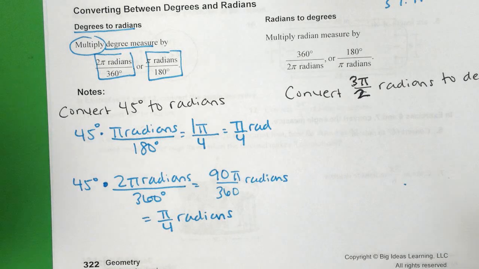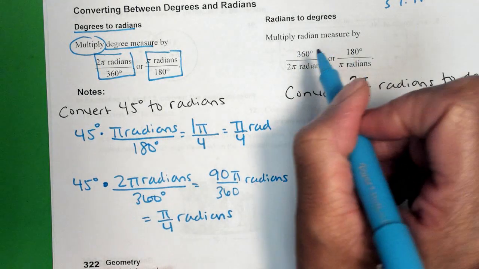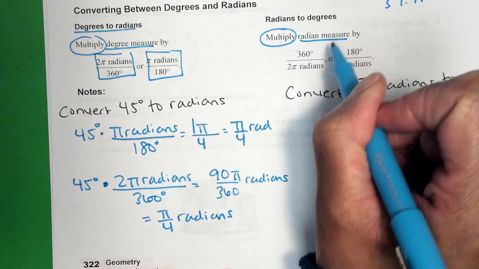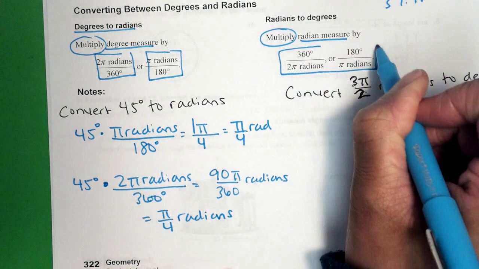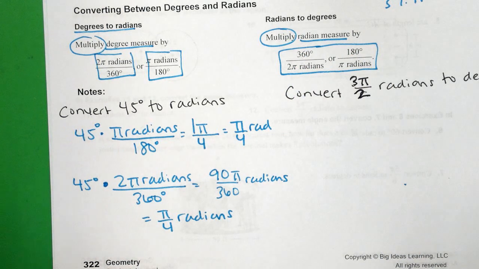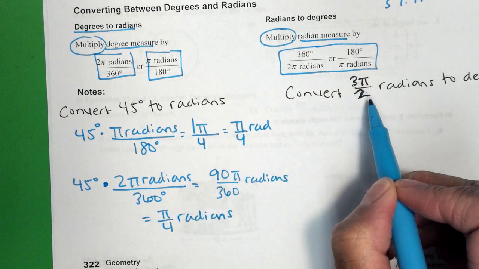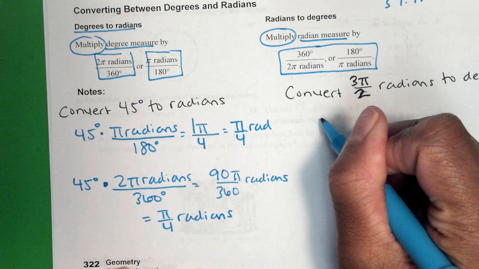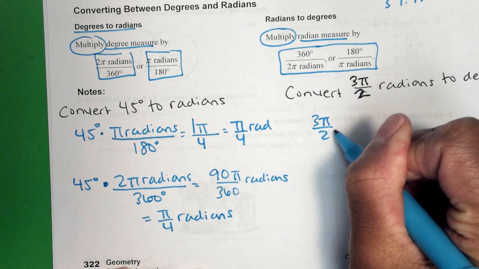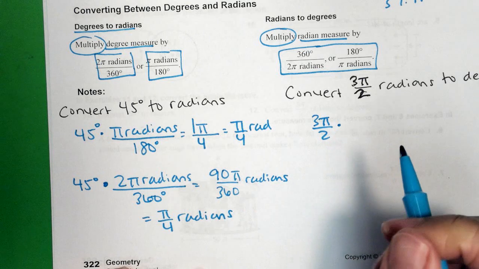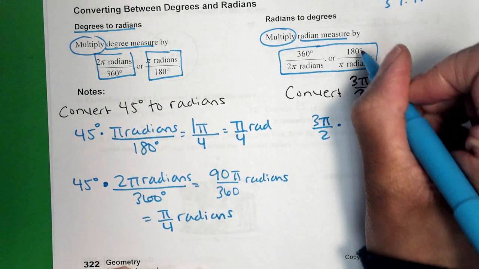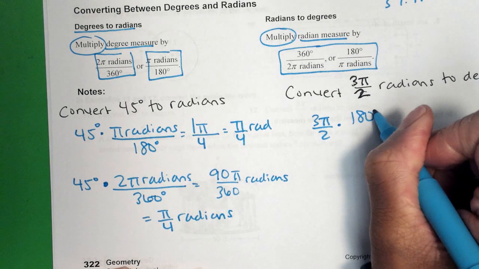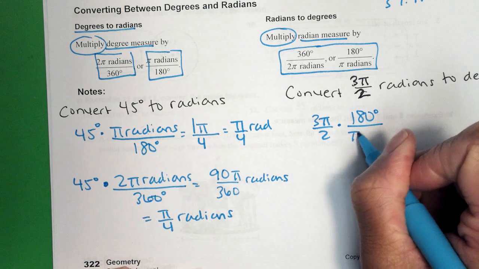Now for our other one, if we're going from radians to degrees, we're going to multiply the radian measure by 180 degrees over pi radians. And so you see how they're flipped. So let's say we want to convert 3 pi over 2 radians to degrees. So I take my radian measure, 3 pi over 2, and multiply it by 180 degrees all over pi radians.